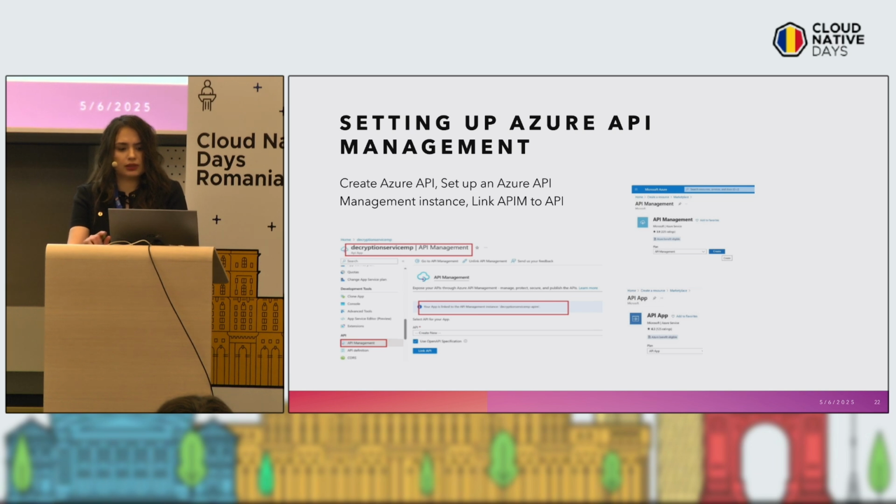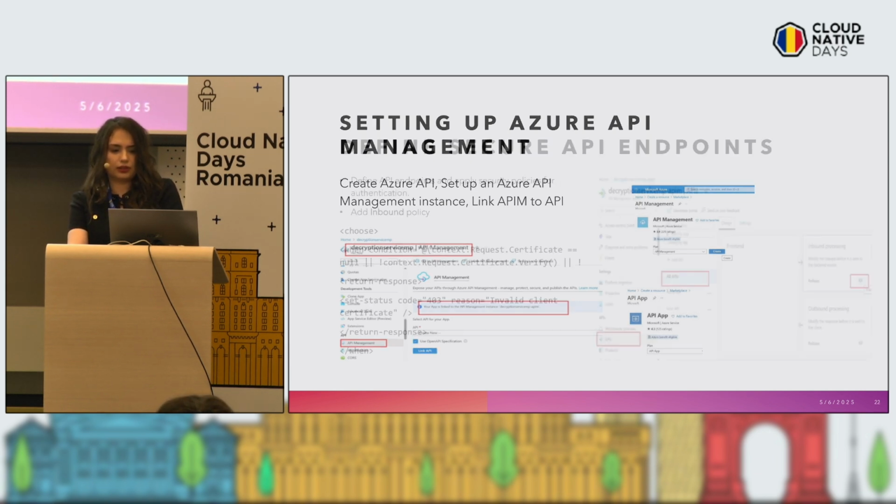Next, I would like to walk you through some of the steps we have done for setting up APIM. After the creation of the instance and the API app, the two are linked together.